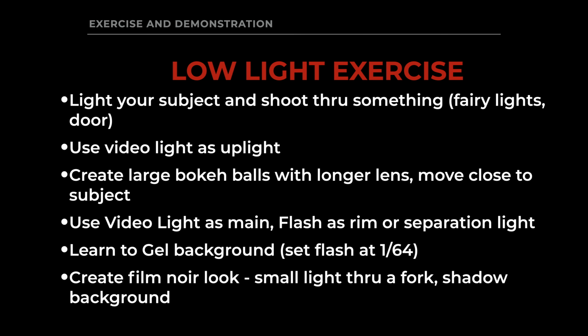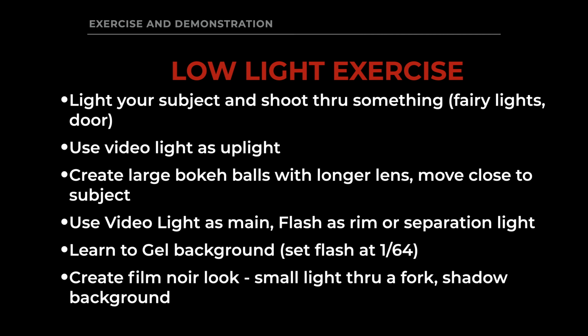For the third exercise, I want you to create some big, huge bokeh balls in the background. So how do you do that? You need to use at least a 50mm lens. The longer the better. If you have an 85 or even a 135, that's going to look great. Get as close as possible to your subject, and then you're going to watch and see those lights behind that person just get big and huge.